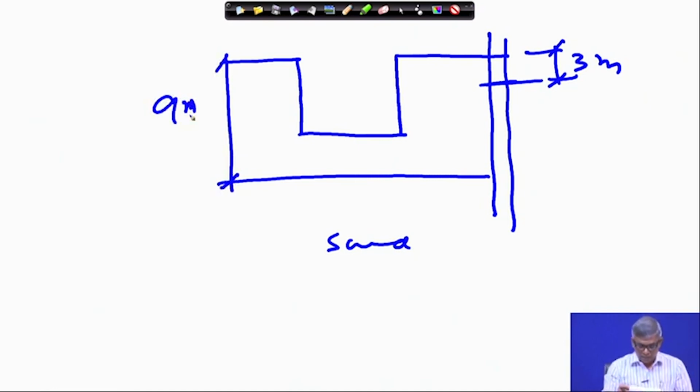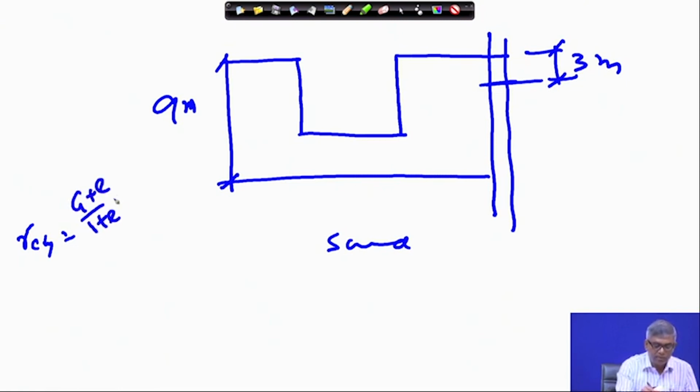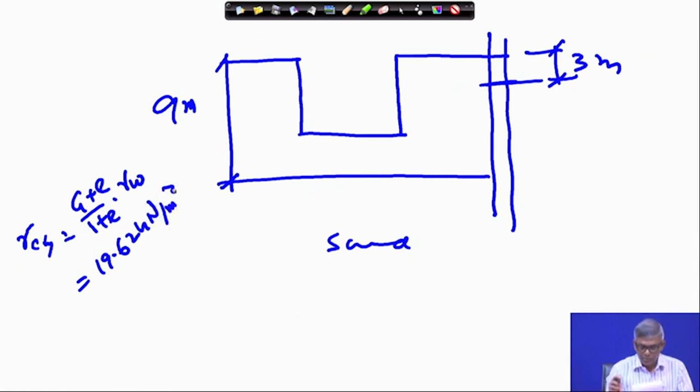Okay. And now, gamma clay is not given. So, we are considering saturated, so it will be (G plus e) by (1 plus e) into gamma w, and if I do that, that gives you 19.62 kilonewton per meter cube.